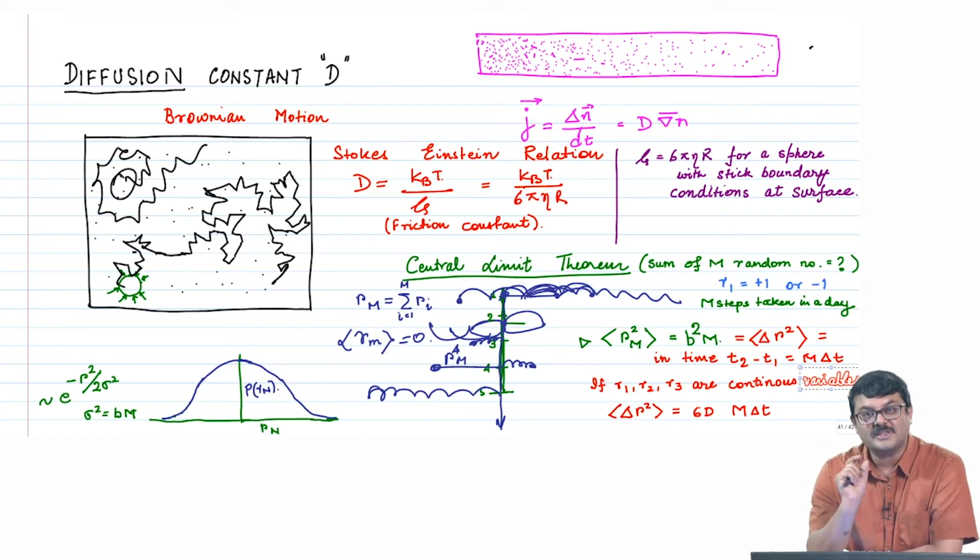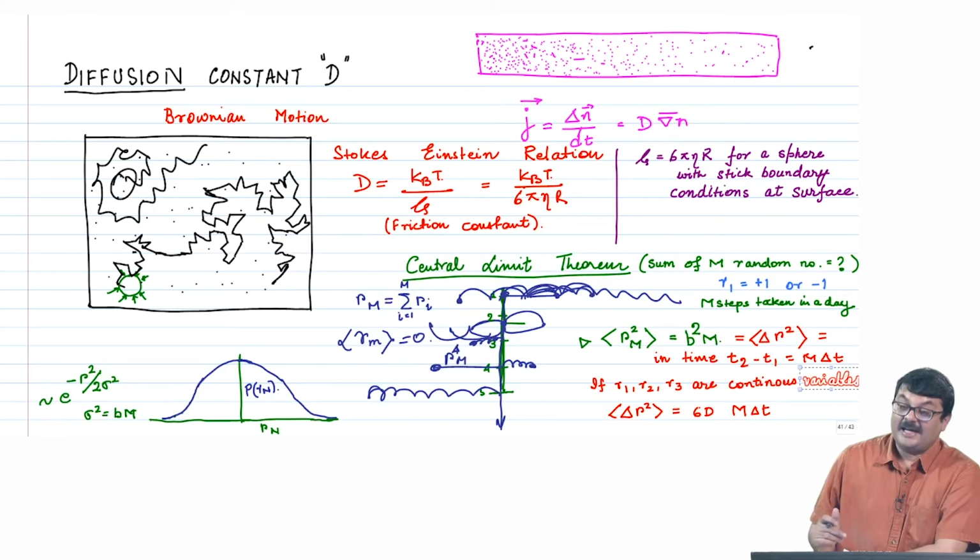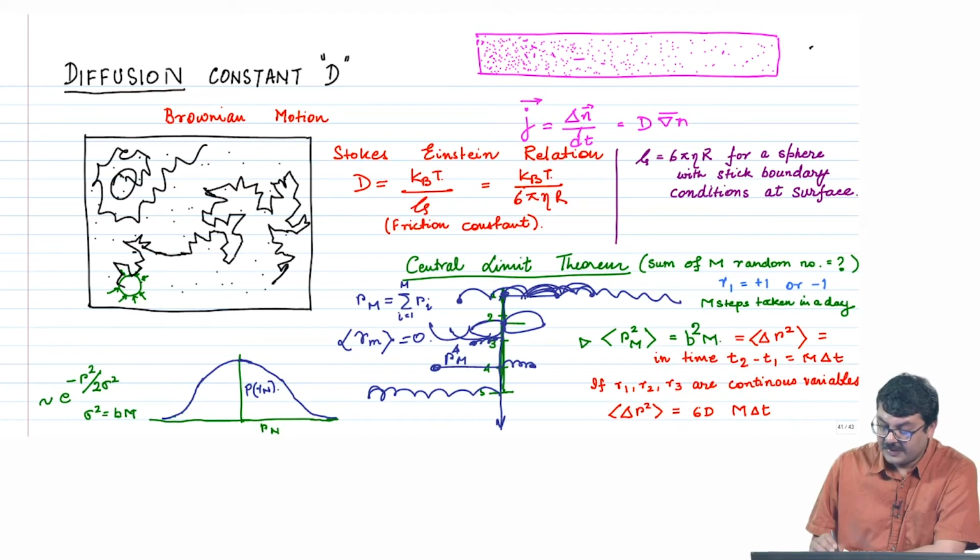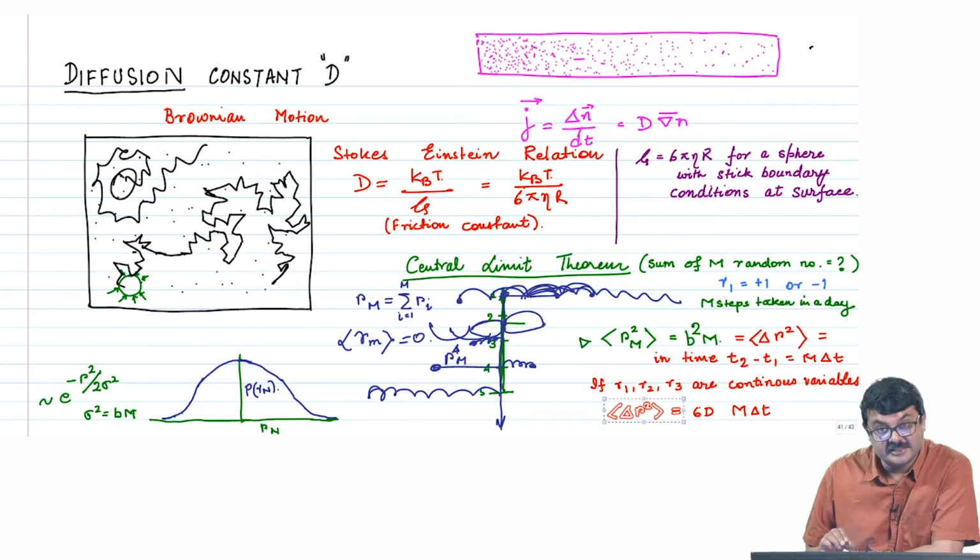Some particle is moving a small distance, some particle is moving a large distance, and it is undergoing collisions and constantly changing directions, and yet you can calculate the so called mean square displacement, which is displacement square average.